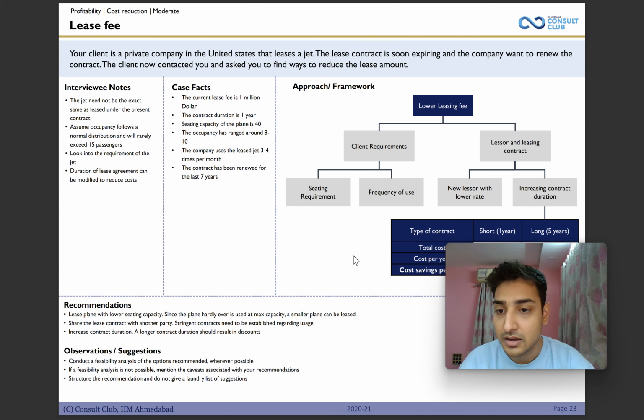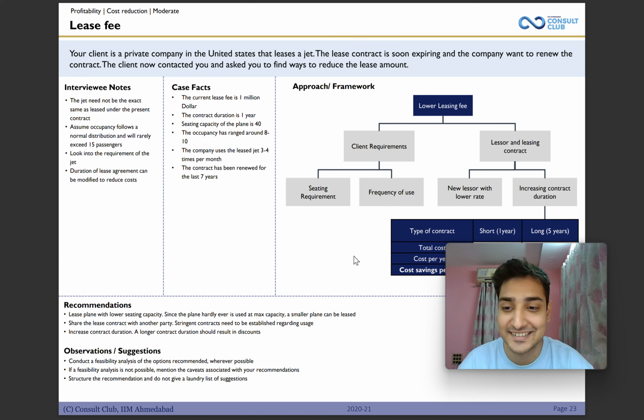Observations and suggestions. Conduct a feasibility analysis of the options recommended wherever possible. If the feasibility analysis is not possible, mention the caveats associated with your recommendation, and structure the recommendation, and do not give a laundry list of suggestions.